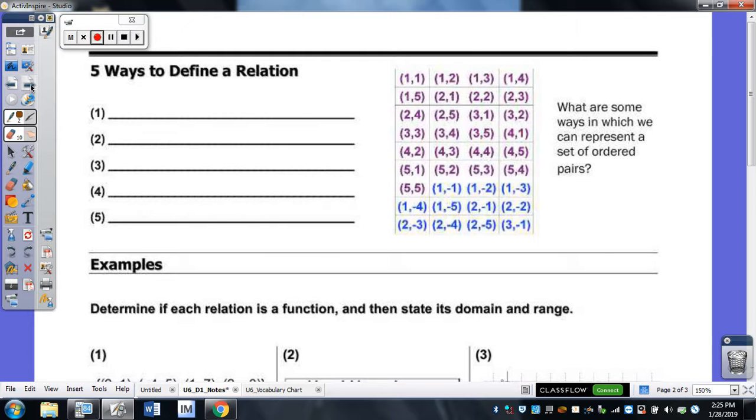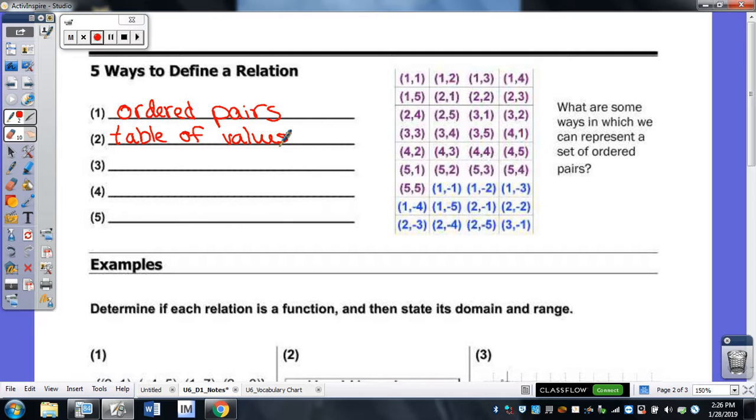So there are 5 ways we can actually write our relations. You can write them as a set of ordered pairs, which again, we'll see some examples down below. You can create a table of values.